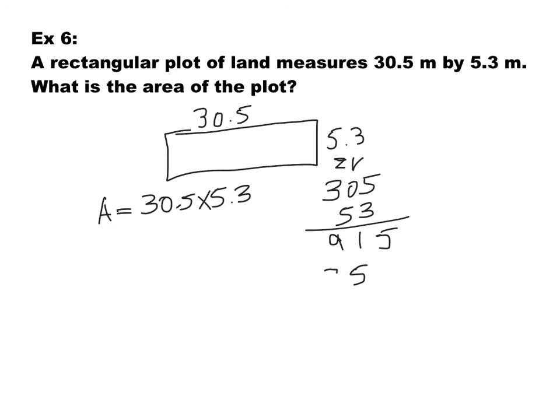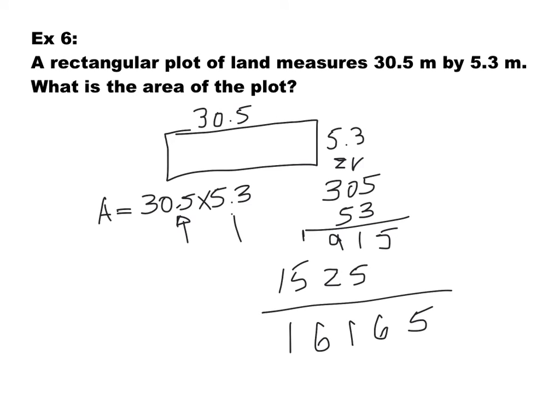And 5 times 3 is 15. So my answer is 5, 6. 9 plus 2 is 11. 1 carry over. 1 plus 5 is 6. And then 1.